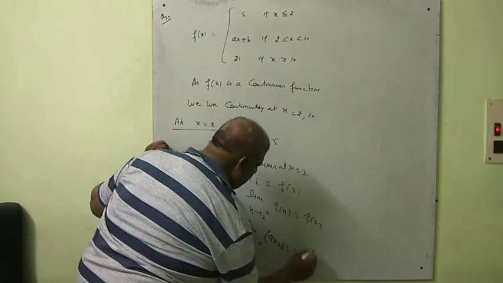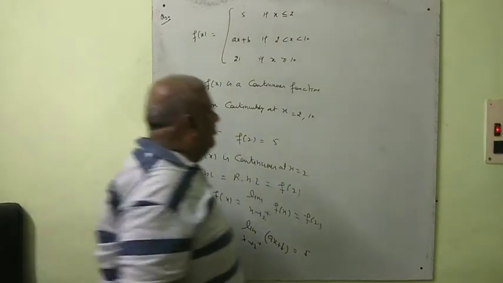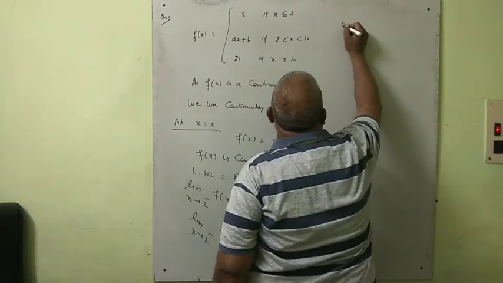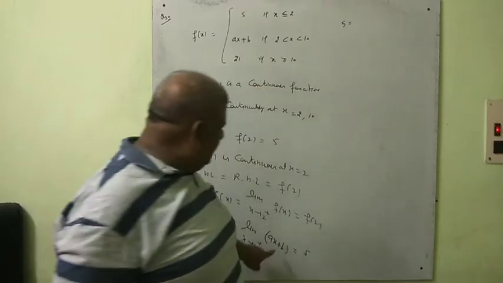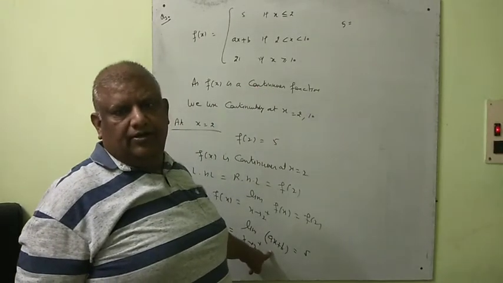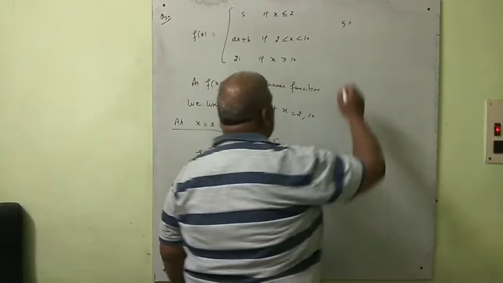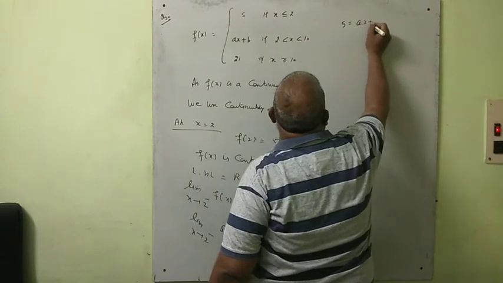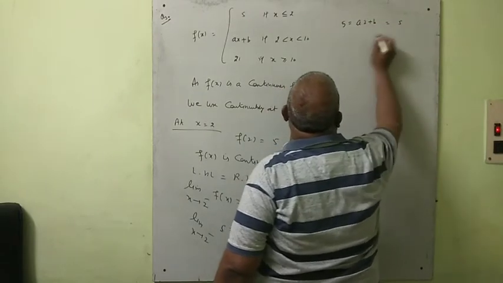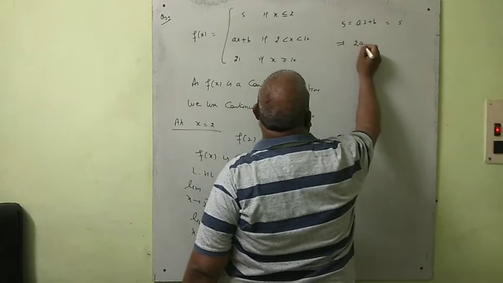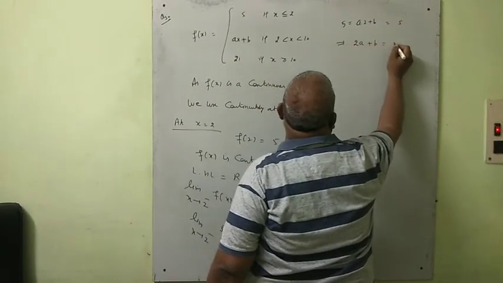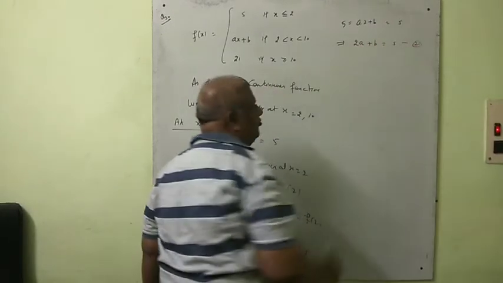And value of f(2) is 5. It is a linear function, ax plus b. We can put value directly. a into 2 plus b is equal to 5. From here we get one equation, 2a plus b equal to 5, equation number 2.